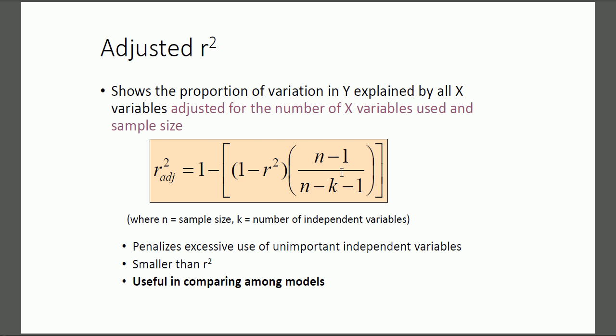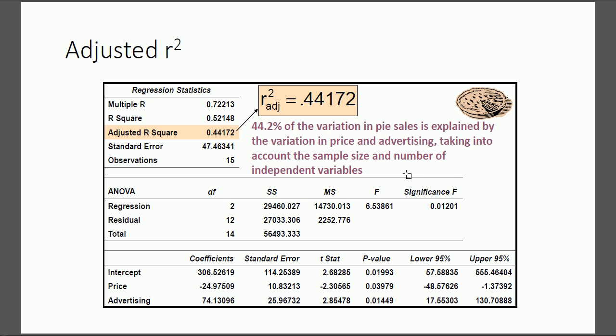Let's take a look at the adjusted R-square from our pie sales example. It's right under the R-square, so we pull it out. As you see, it's slightly less than R-square, a little more than slightly in this case.